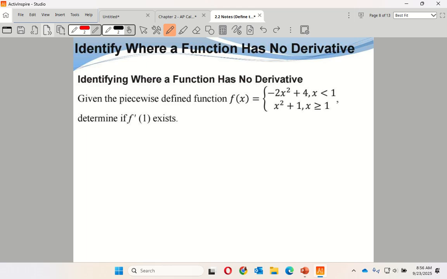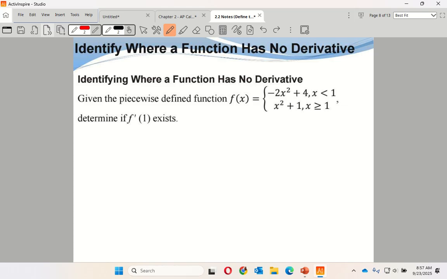All right. So, given the piecewise function, define the function here. Let's find the derivative of both sides. So the derivative of the left side, and it's asking to go in between those two.